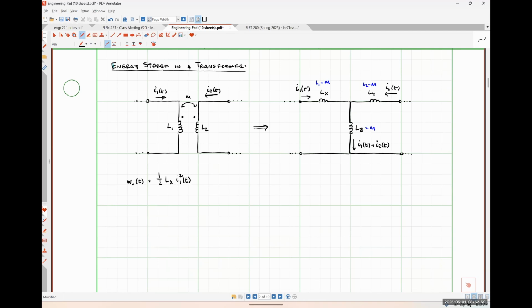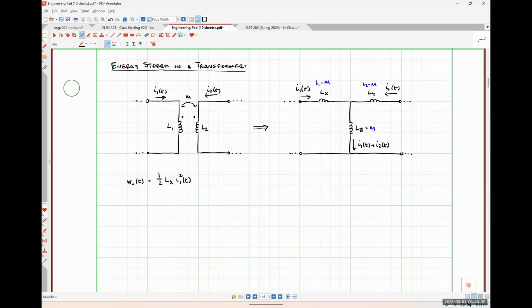Did you guys learn the energy storage equations for capacitors and inductors back in your circuits one? 1/2 Li squared, 1/2 CV squared. Those sound remotely familiar? Yeah, so that's all we're doing here. We have an inductance, so the energy stored by that inductor is 1/2 Li squared. And I'm just using the subscript X to denote which inductor we're interested in. And I'm using, in this case, the subscript 1 to tell us which current we're following.